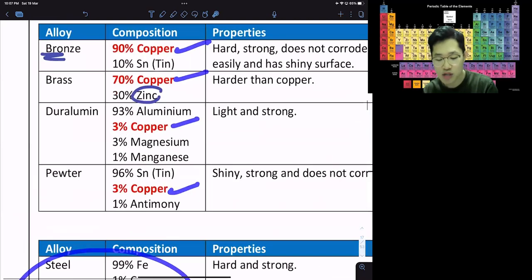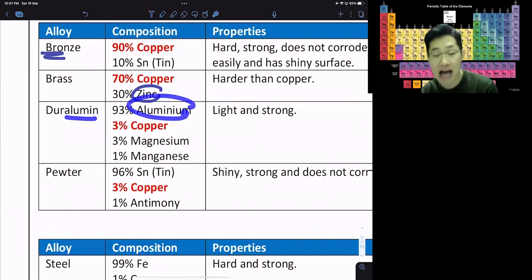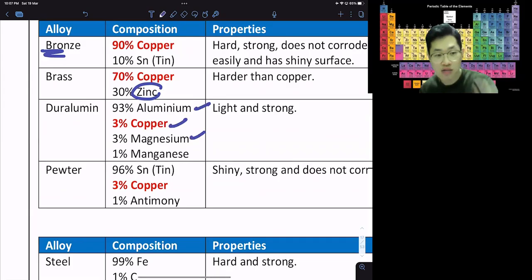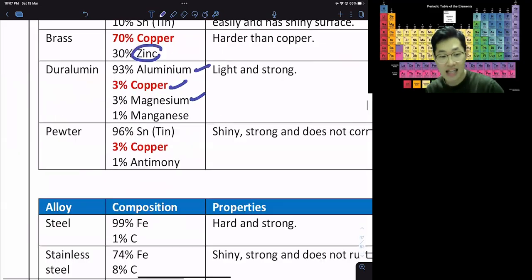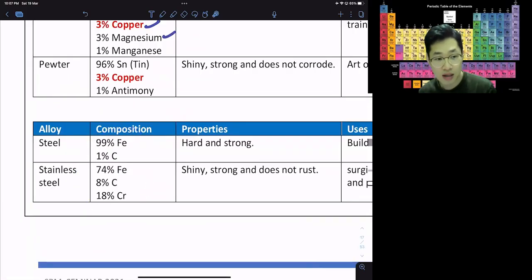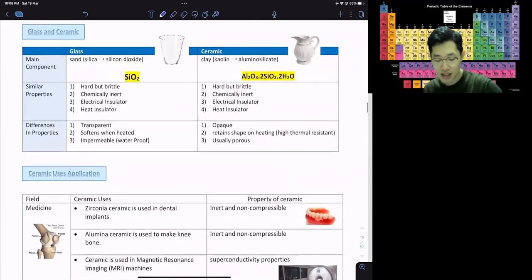So when they ask you duralumin, from here you already know the main source is aluminium. If they ask you one more, you give copper. If they ask one more, magnesium. For pewter, it is tin, copper, and then antimony. So you have to remember all this composition. Stainless steel is iron, carbon, and chromium. Just like that, memorize yourself.